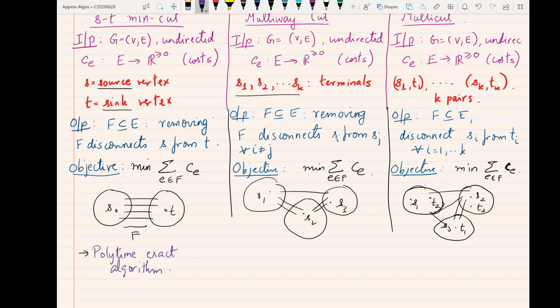This is not surprising because you do know from previous experience that you can solve these min cut problems in polynomial time. For the multi-way cut problem, we are going to see a 2 approximation because the problem is NP hard. And finally, for the multi-cut problem, we are going to see an order ln k approximation.